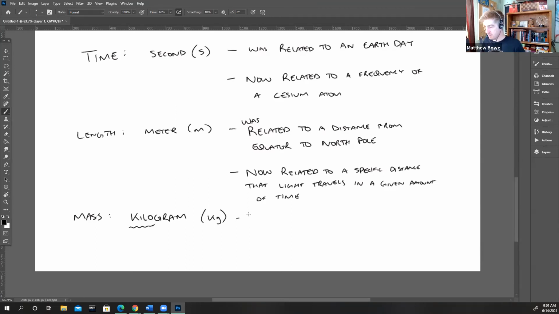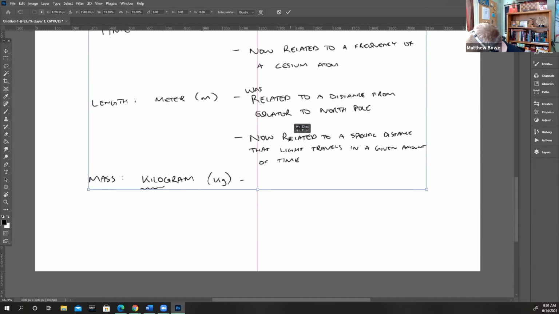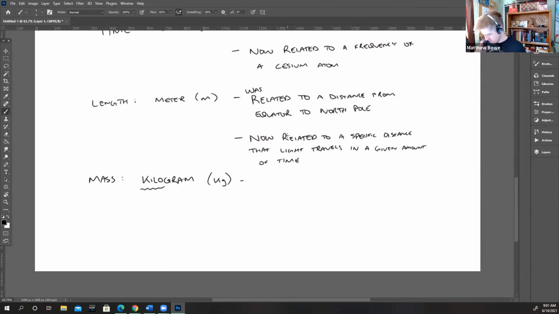Now originally a kilogram was related to the mass of 1 liter of water at 4 degrees Celsius. I'm running out of room, so I'll just say it's now related to a specific platinum iridium alloy cylinder.